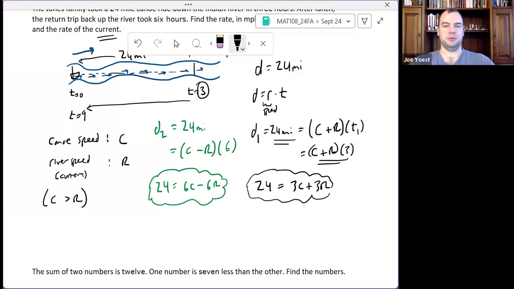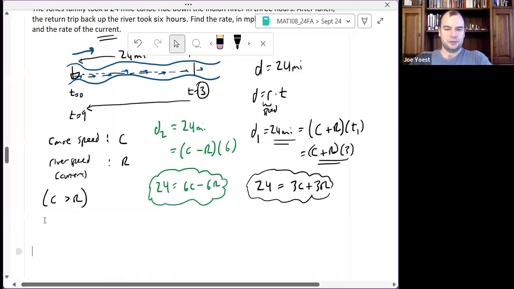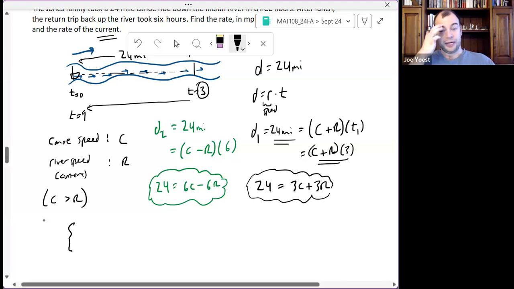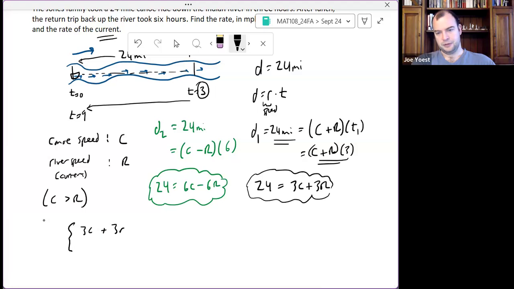That's just kind of a reasonability check that I can keep in mind. And let me look at my two equations. So what do I have? I have 3C plus 3R equals 24, and 6C minus 6R equals 24.